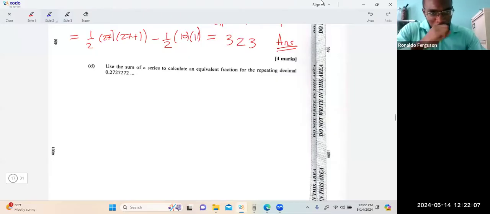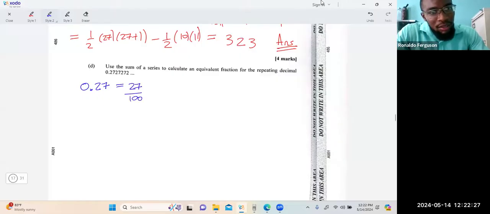So, use the sum of a series. No problem. What we know is that 0.27 would be equivalent to 27 over 100.